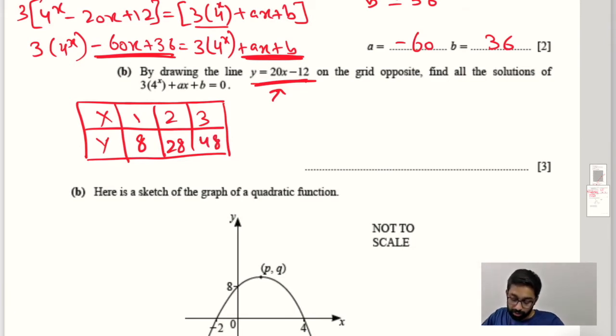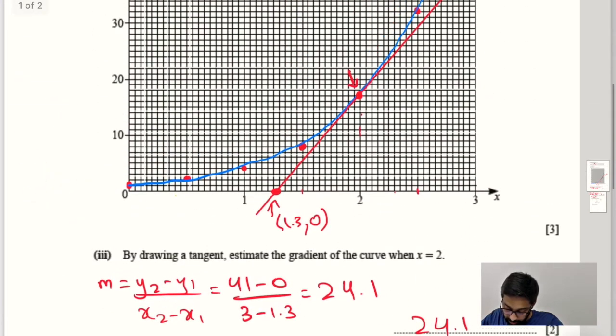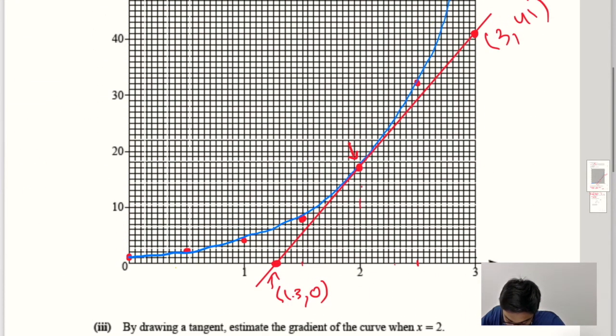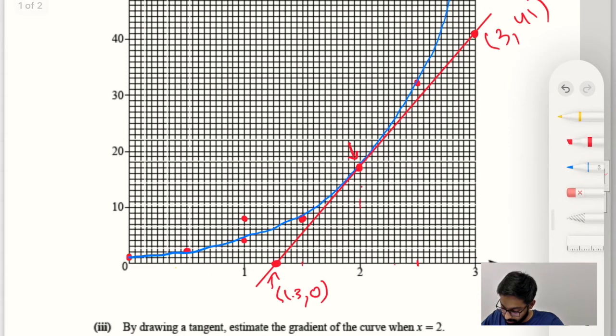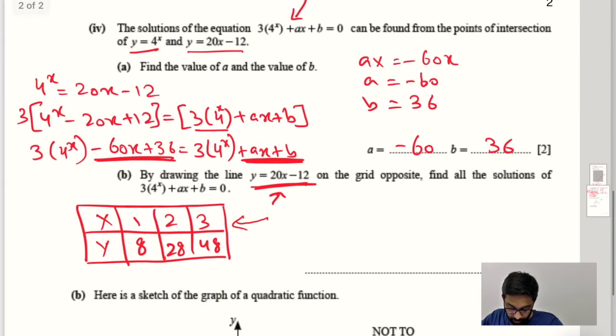Now let's plot these points on the graph above. So when x is 1, y is 8. So I get a point there. Let's do it in yellow so that it's visible. So I get a point right over there. I hope this is visible. The next point is 2 and 28.